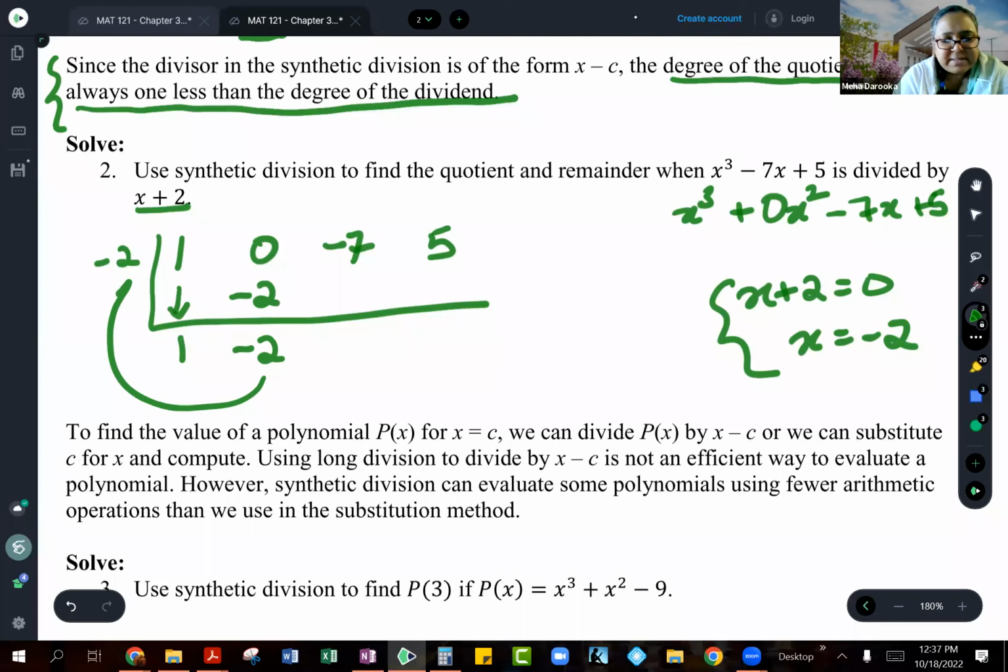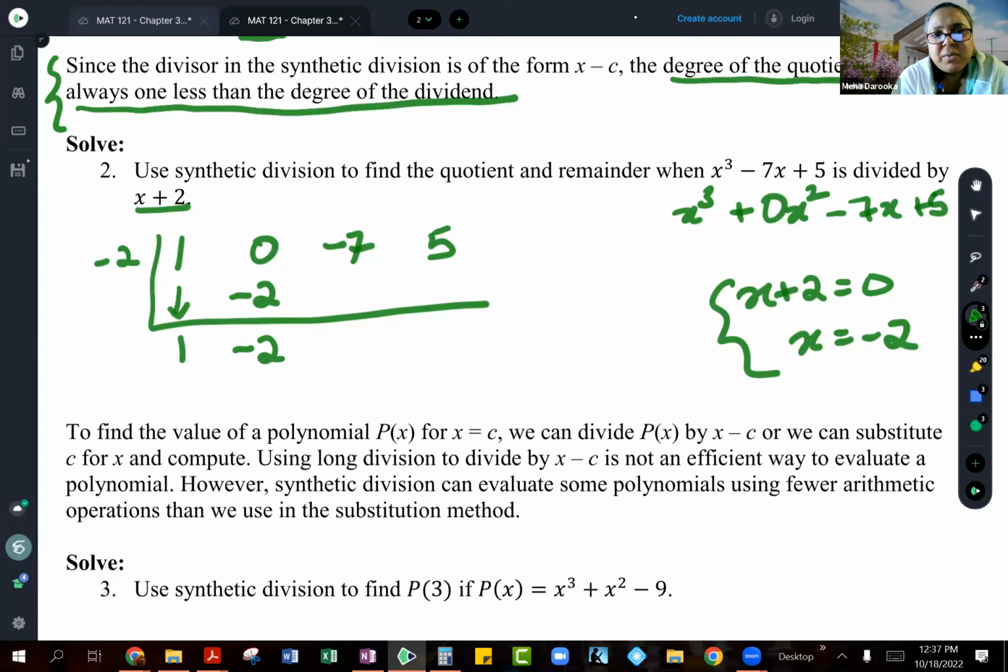So negative 2 multiplied by negative 2 will give us positive 4. Negative 7 plus 4 will give us what? So go ahead and add the negative 7 with the plus 4, and what will we get?